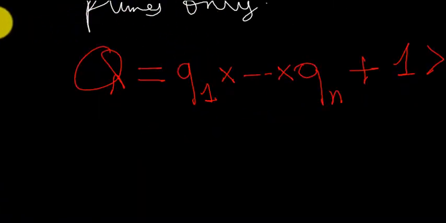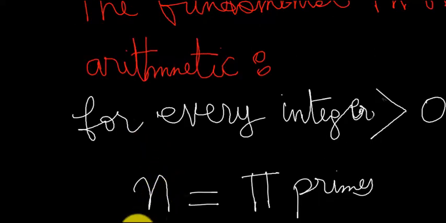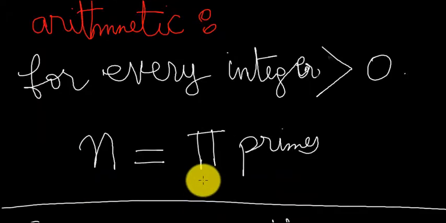and we assume that this capital Q is not a prime. So assume that capital Q is not a prime, which means that following the fundamental theorem of arithmetic, which is defined here, for every integer, including capital Q, Q is equal to a product of primes.